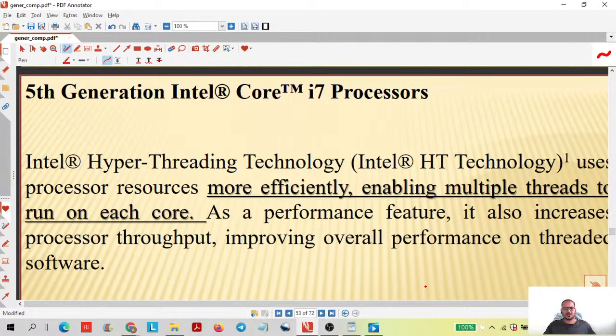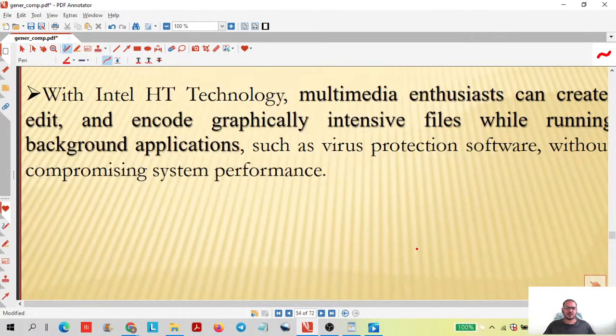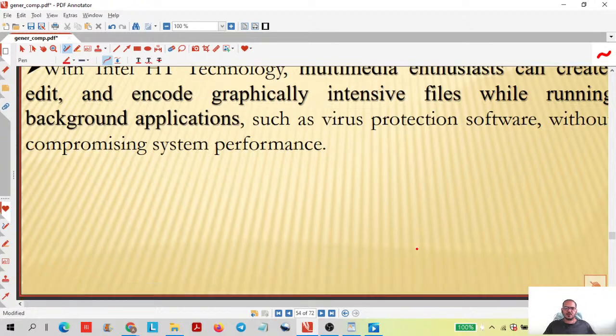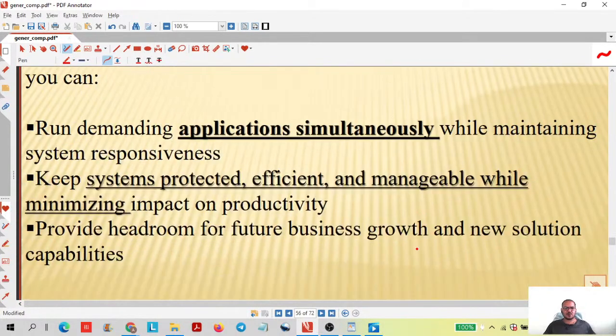Fifth generation, as you can see, is improved in terms of performance. Performance means the speed of the computer, and how the size of the computer is reduced.